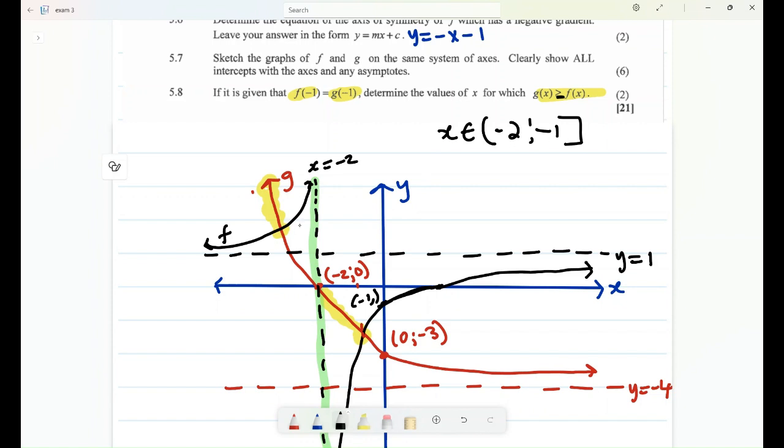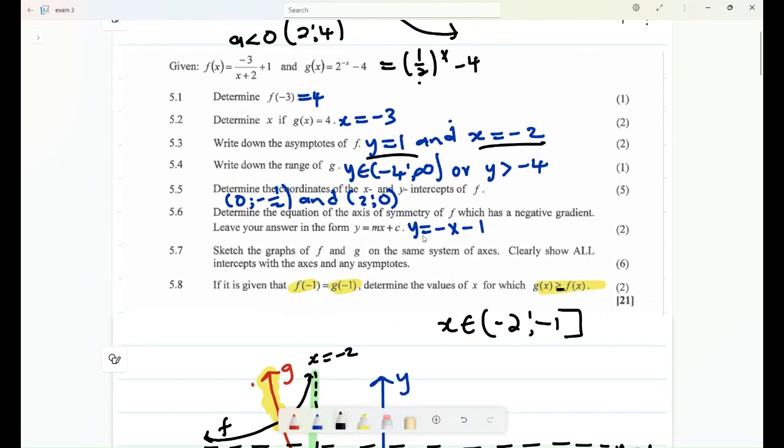The second solution is this portion that I do not know its x value. So what I'm supposed to do, let me see if I have enough time, I will be against time. But all right, what you have to do is calculate the x value here. How can you calculate that? You equate f of x to g of x.